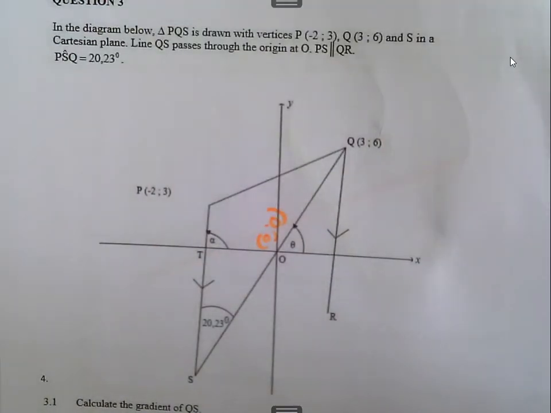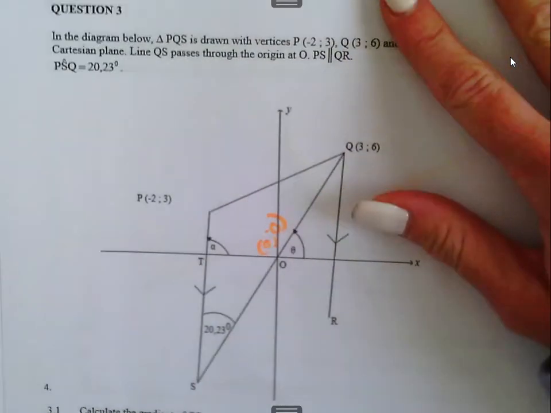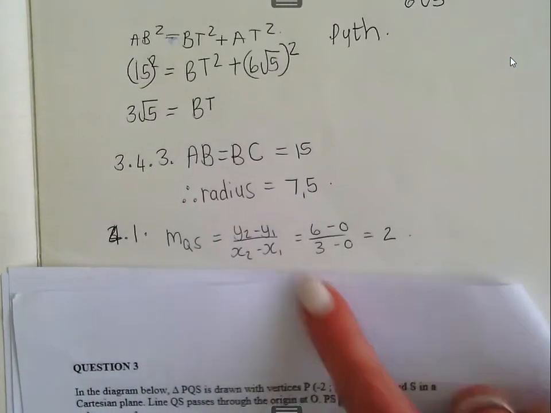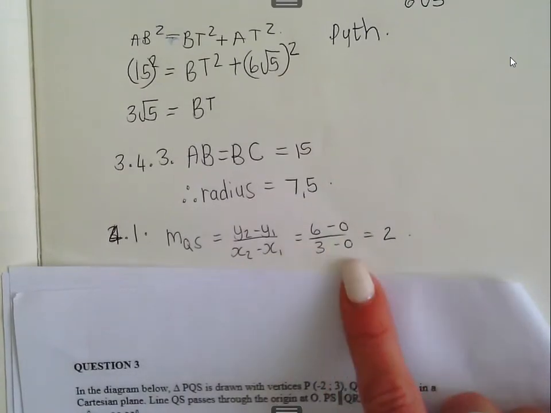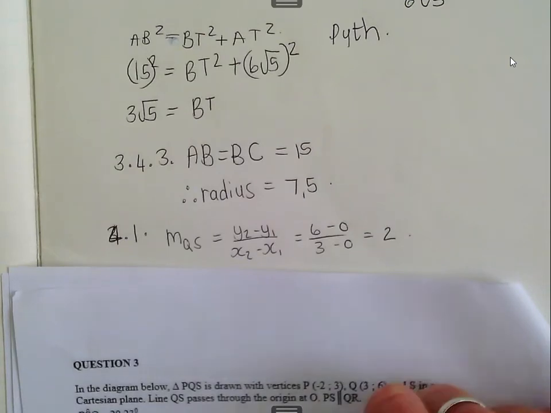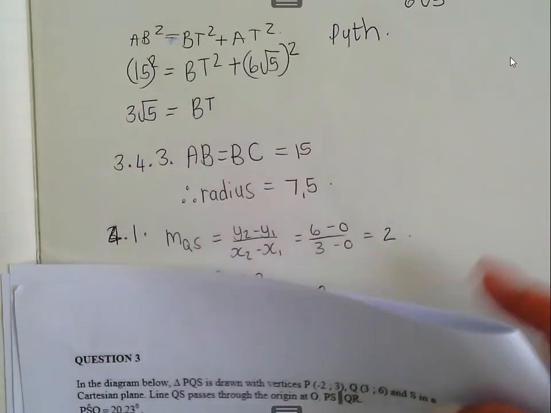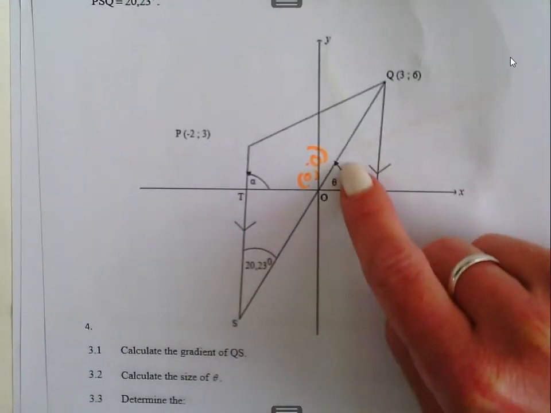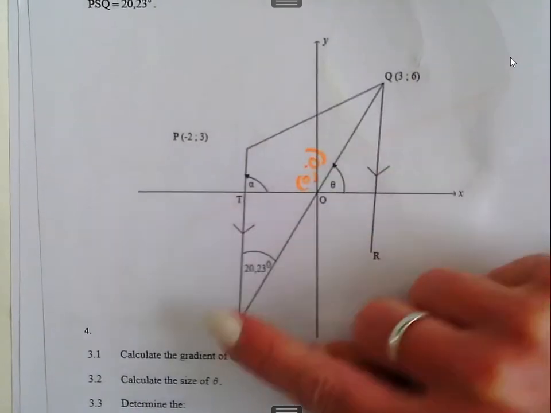Do you understand that? Nod to let me know you are alive. Okay? So I say y minus y divided by x minus x, and then I get the gradient of 2. Then they wanted you to calculate the size of theta. So theta is there, it's the angle between the x-axis and that line QOS.